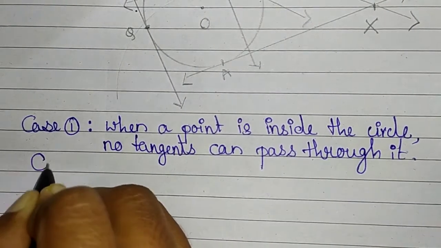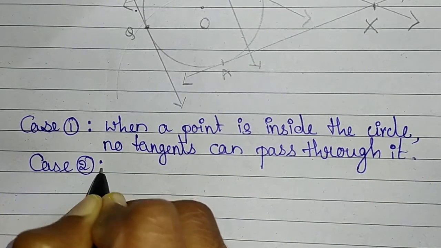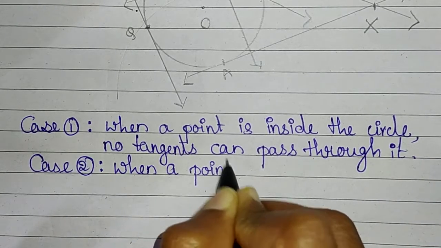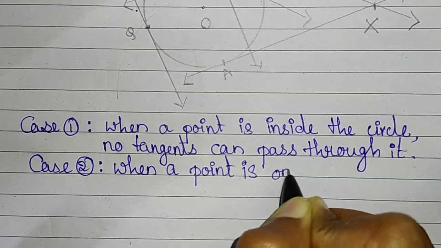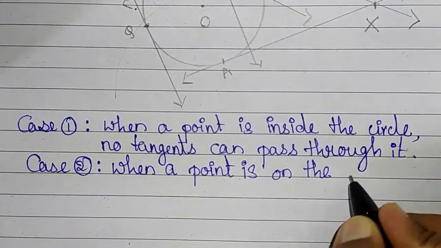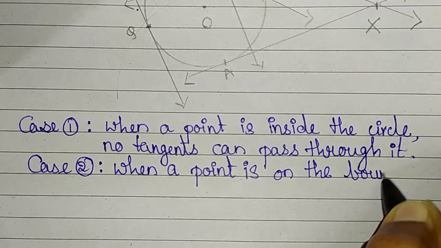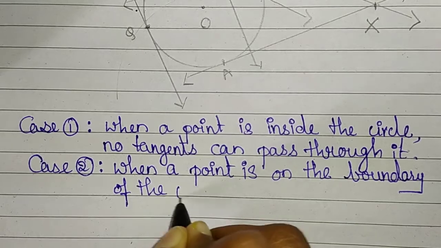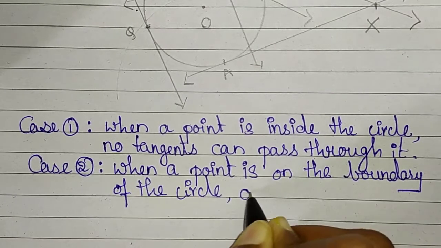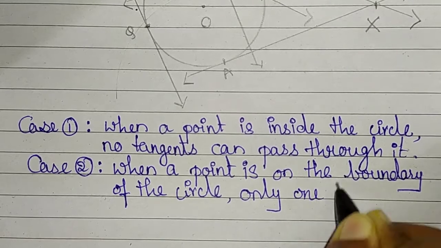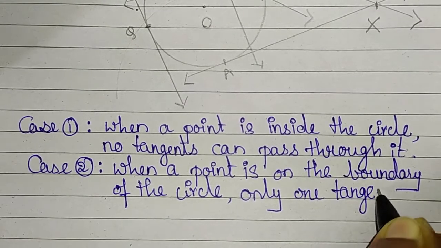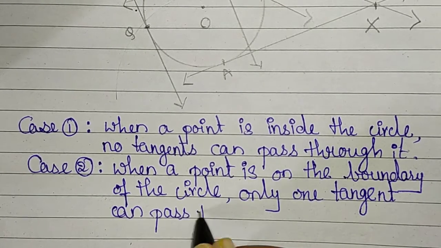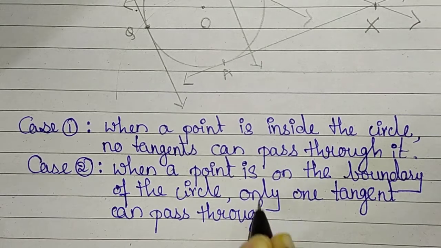And case 2, when a point is on the surface or the boundary of the circle, only one tangent, that is our second case, the point Q, only one tangent can pass through it or can be drawn through it.